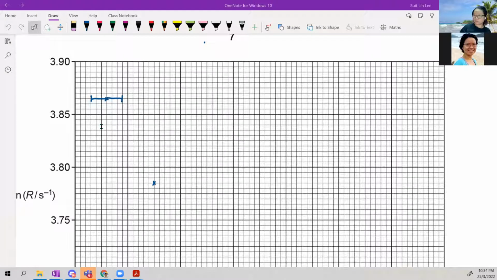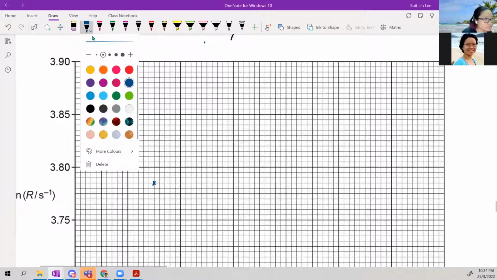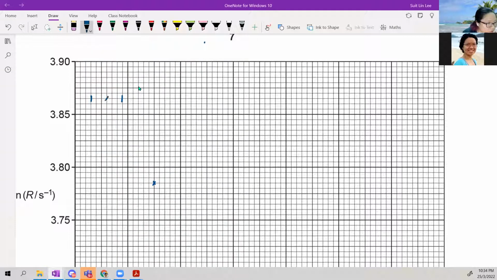Okay. If the value is 0.642, yes, please plot 0.64. Plot to the nearest corner. Yeah, plot to the nearest corner. Okay, I have given up on the iPad. So back to the good old drag and pull.